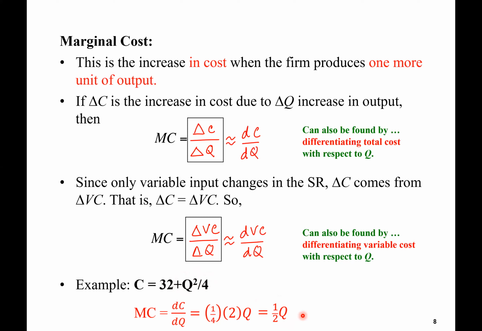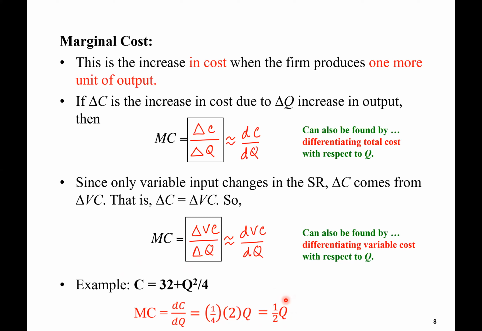So this is telling us, based on this cost function, if you are thinking about producing one more unit from whatever output level you're producing, just plug that current amount of output in here. This formula will tell you how much extra dollar you have to pay if you produce one more unit from that output level.